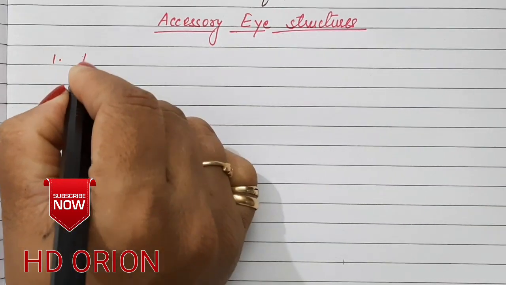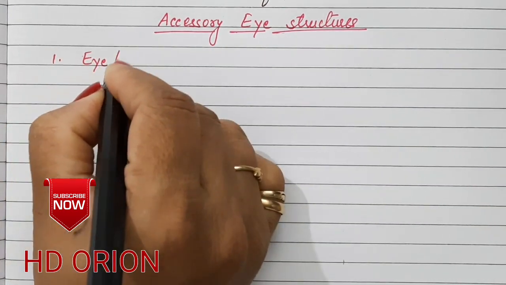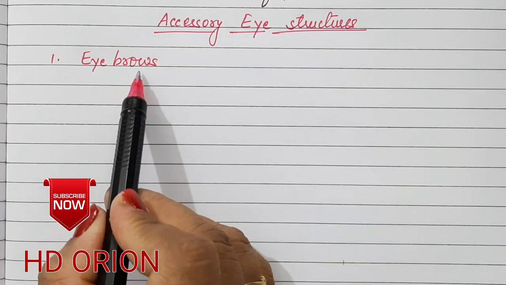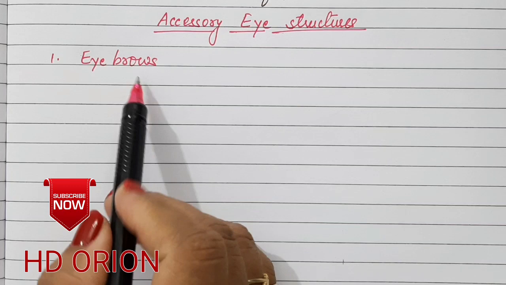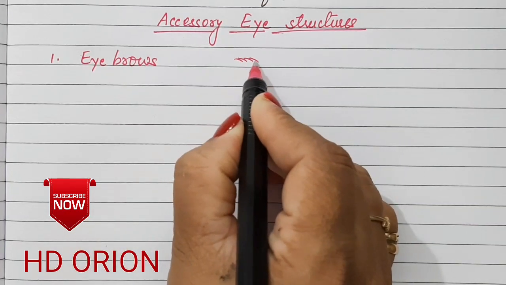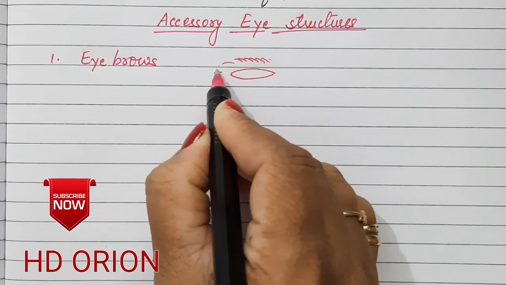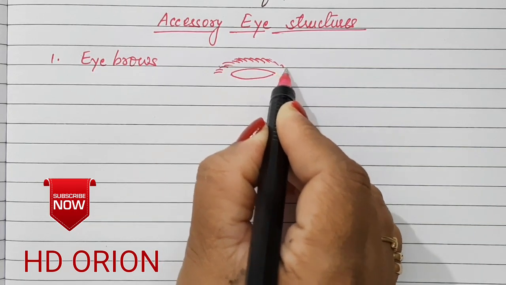The first one is eyebrows. Eyebrows are lateral growth of hair that is present above the eye. Now this is a bushy growth that is present in this manner. If this is the eye, the eyebrows are present and are arched in this manner.